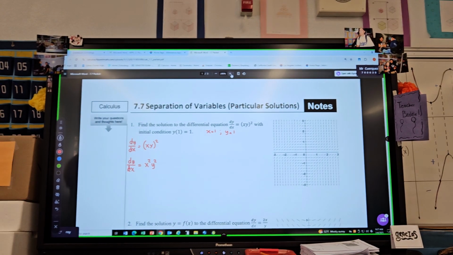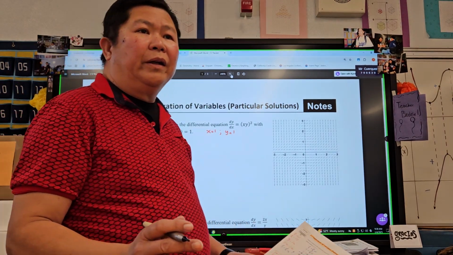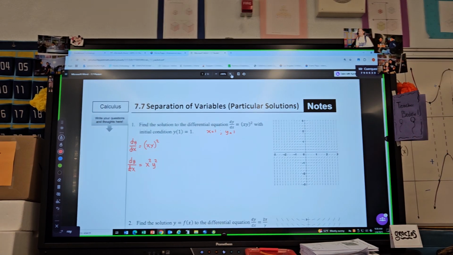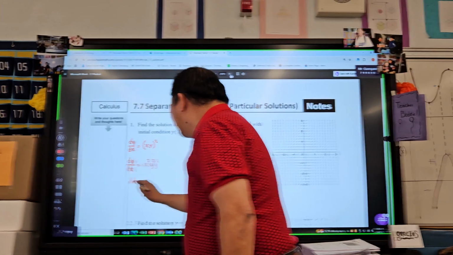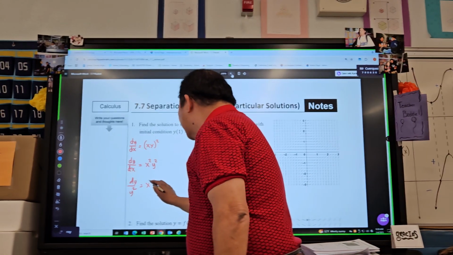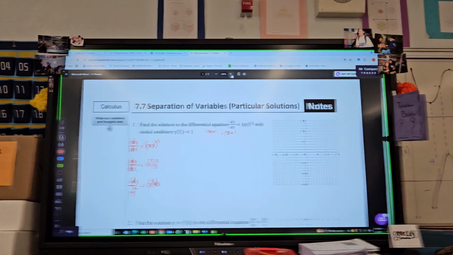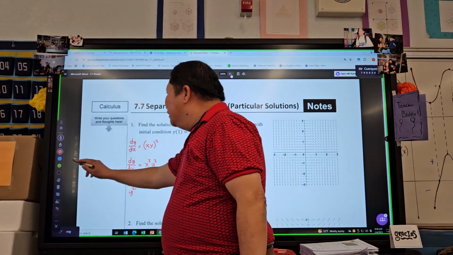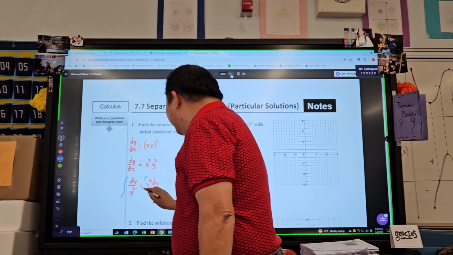How to do this is we gather the y with dy and the x with dx. So dy over y squared equals x squared dx. We separated already, right? Then we integrate, so put the integral sign.